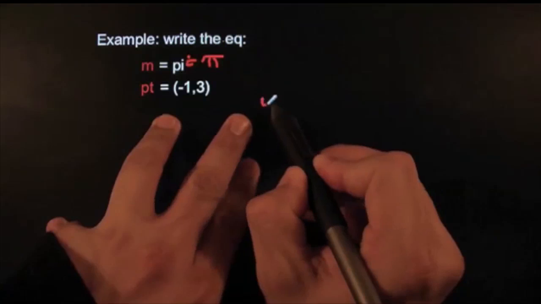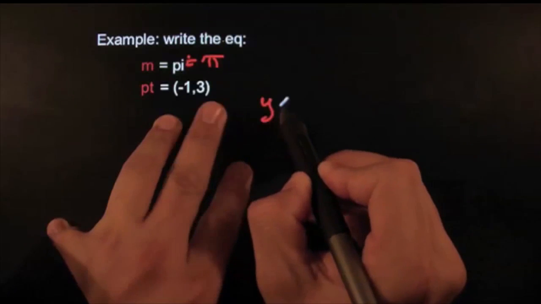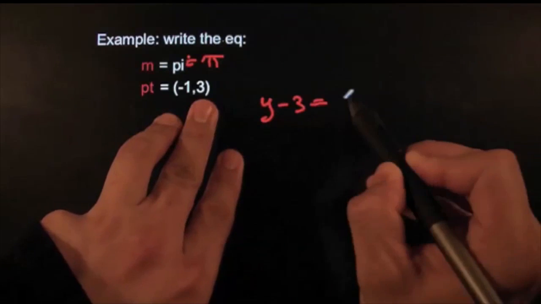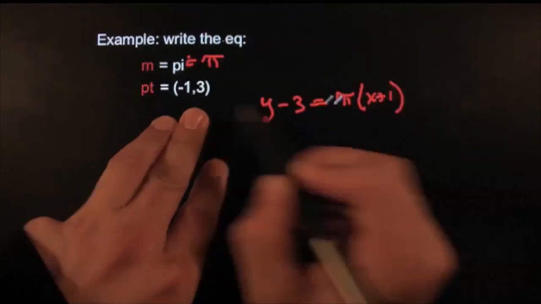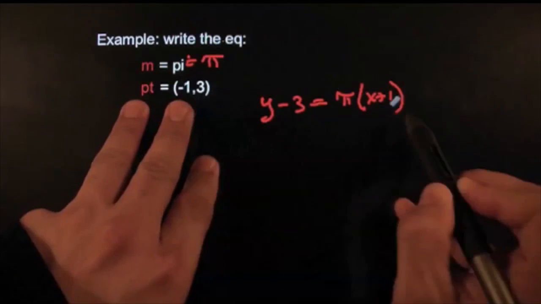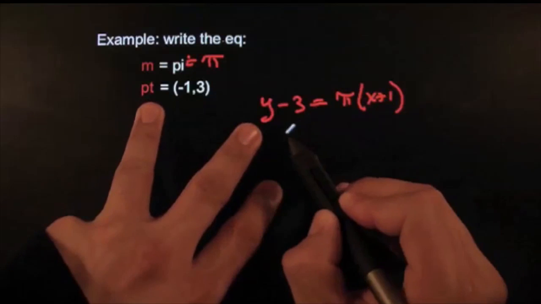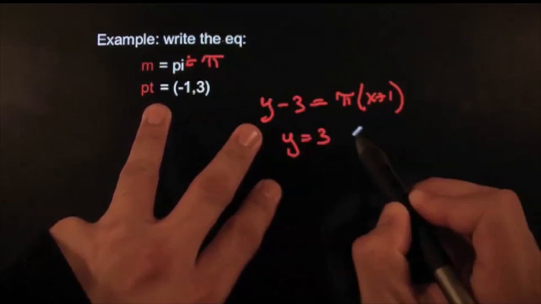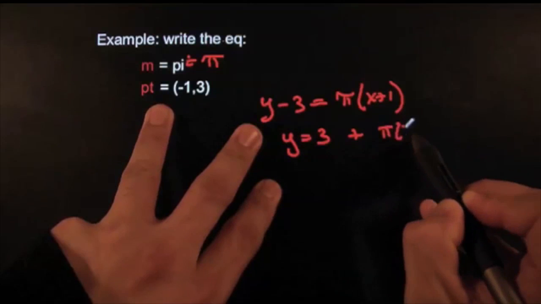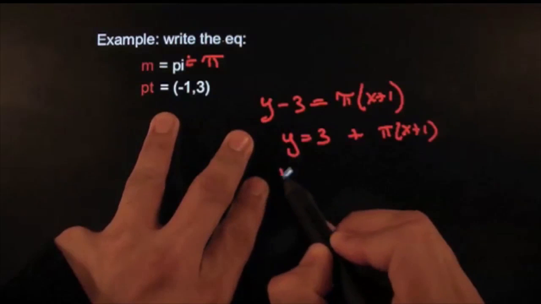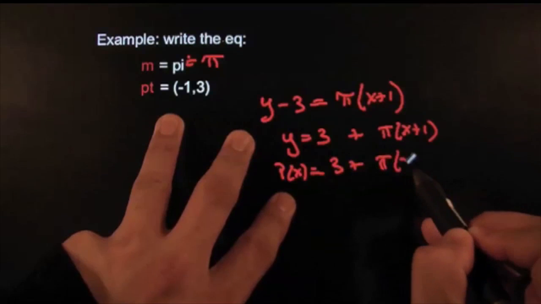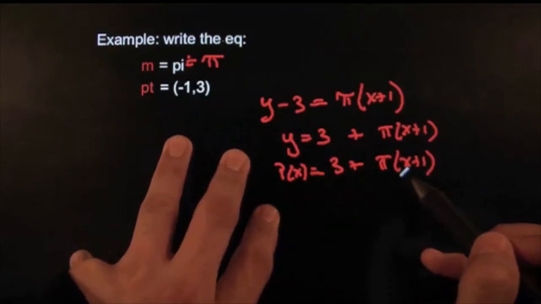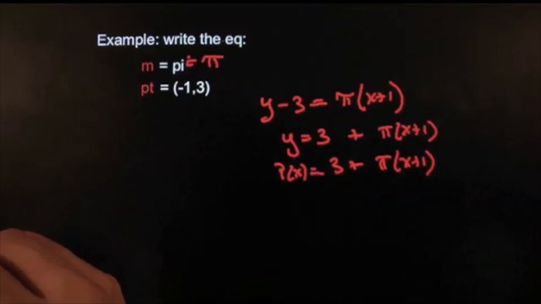You'd go y minus 3 is equal to the slope times (x minus the x-coordinate), but this is minus 1, so it makes it a plus 1. That becomes y is equal to 3 plus pi times (x + 1), or said differently, our function here is 3 plus pi times (x + 1). See that? It's way too easy.